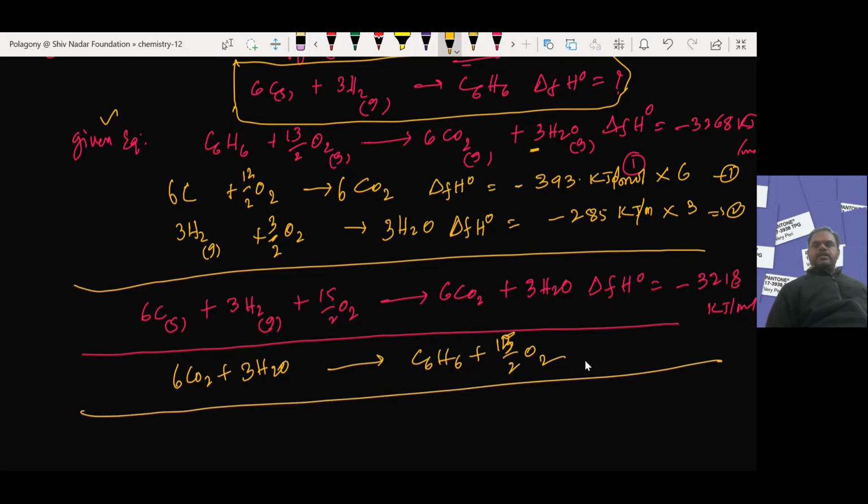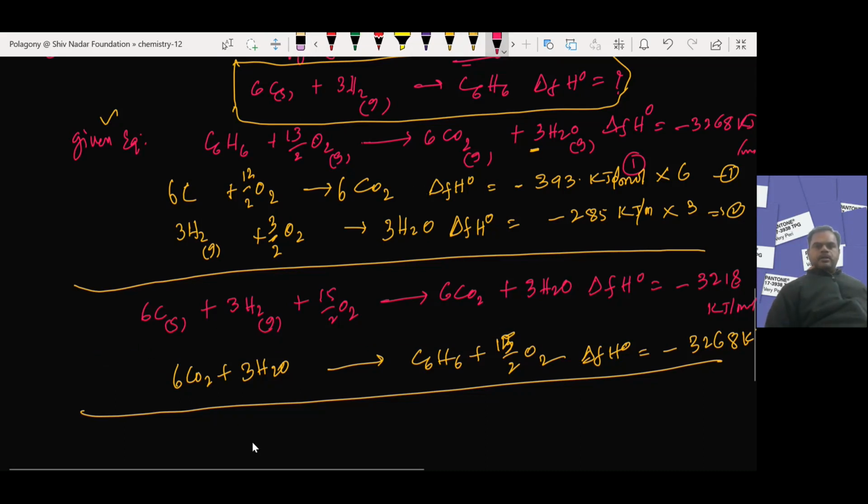The enthalpy change of this inverted equation is +3268 kilojoules per mole, a plus value because I inverted the reaction. Combining these two equations, we get 6C solid plus 3H2 gas plus 15 by 2 O2.